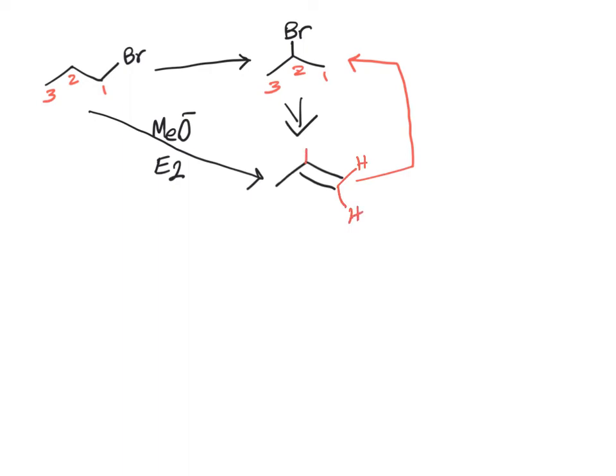When we compare the alkene and the product, you'll see that we should add hydrogen to the carbon with more hydrogens, carbon 1, and bromine to carbon 2, the carbon with fewer hydrogens. So this is Markovnikov addition, and we have to add HBr.